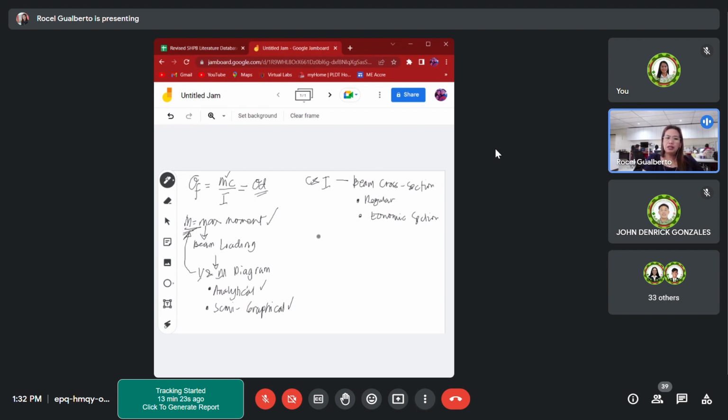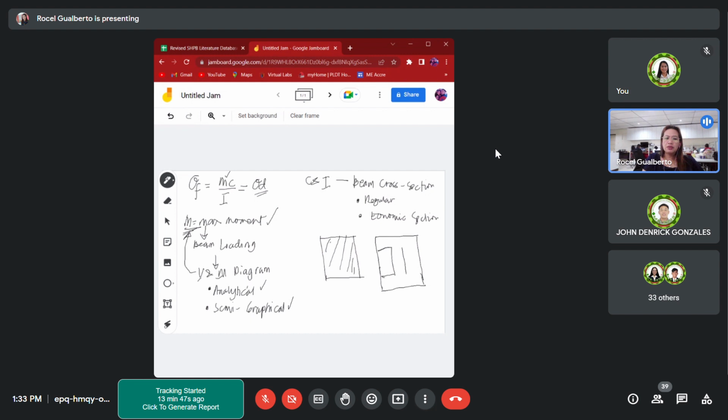Pag sinabi po natin regular cross-section, yan po yung halimbawa ay rectangular. Yan po yung regular natin na cross-section. Pag sinabi naman po na economic section, halimbawa, rectangular pa din, but then anong ginawa natin?